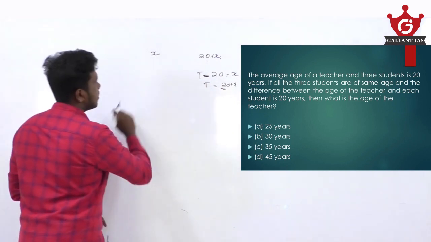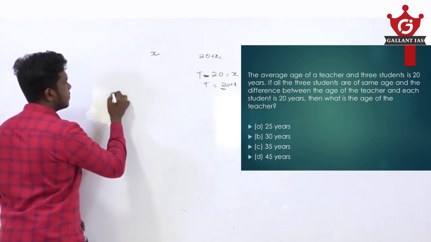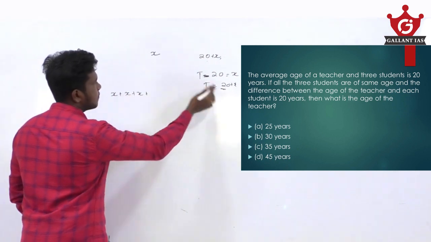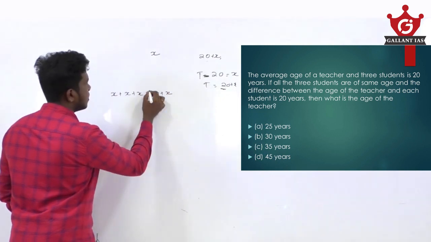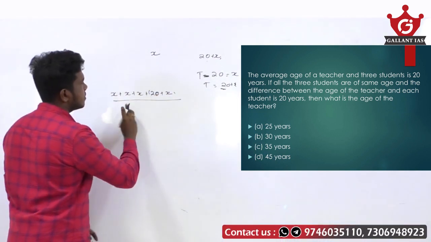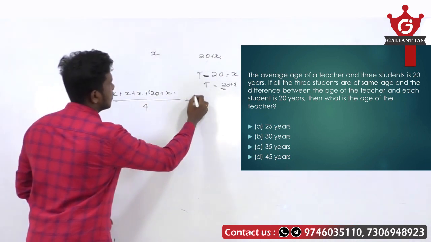So the sum of the ages, X plus X plus X plus the age of the teacher, 20 plus X, the whole divided by the number of persons, 3 students plus 1 teacher, so a total of 4 persons, is equal to 20 years.